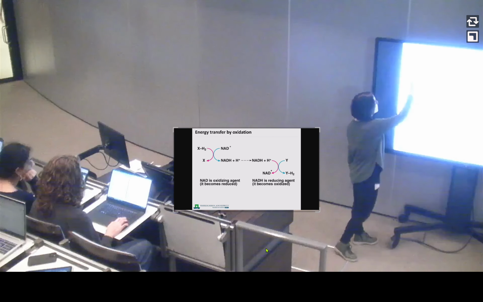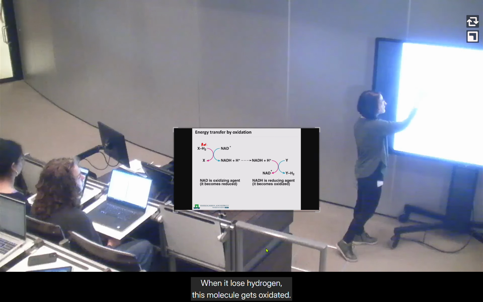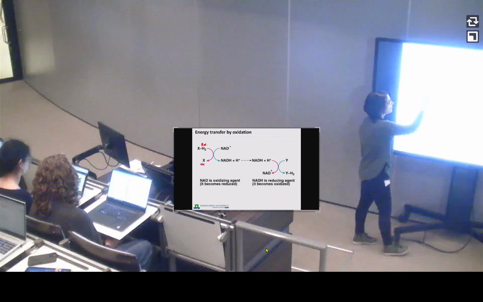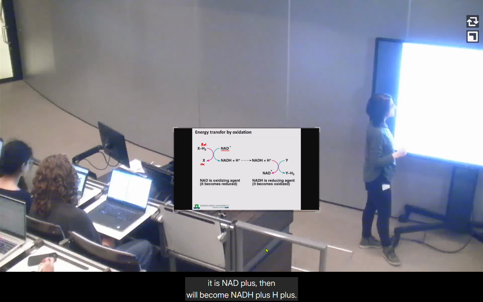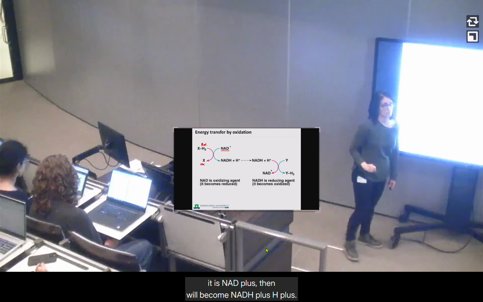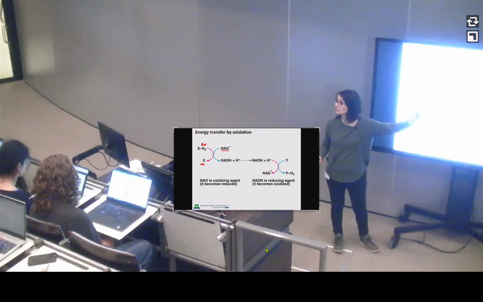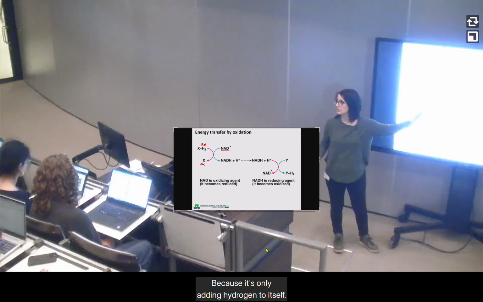Again, this is again to fix the same concept. Remember, this is the reduced form of an X molecule. When it loses hydrogen, this molecule gets oxidated. A coenzyme, and in this case I will show you another one, it is NAD+, which will become NADH plus H+. So this is special, this coenzyme, because it has a positive charge, and since it accepts hydrogen, the positive charge will stay, yeah?